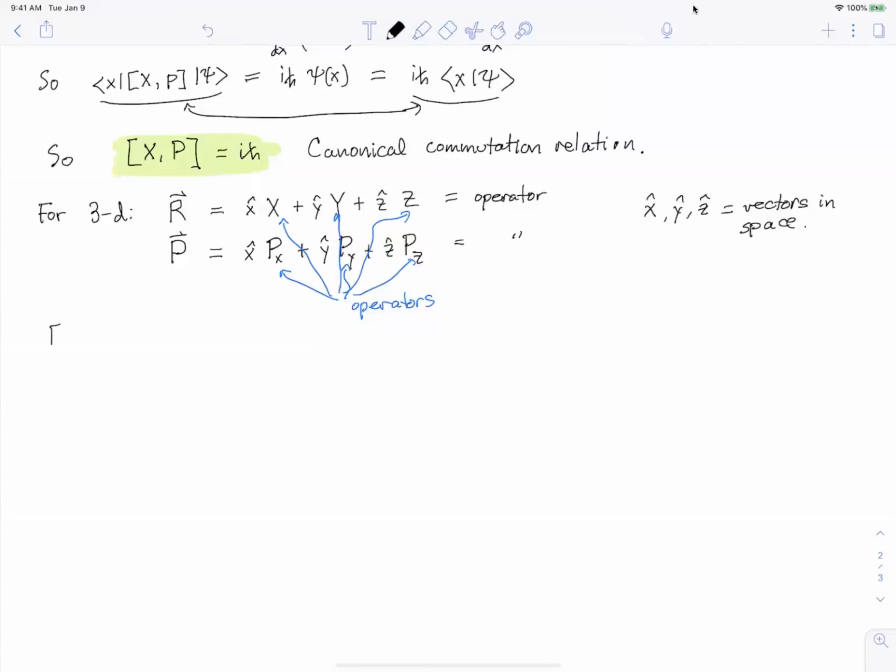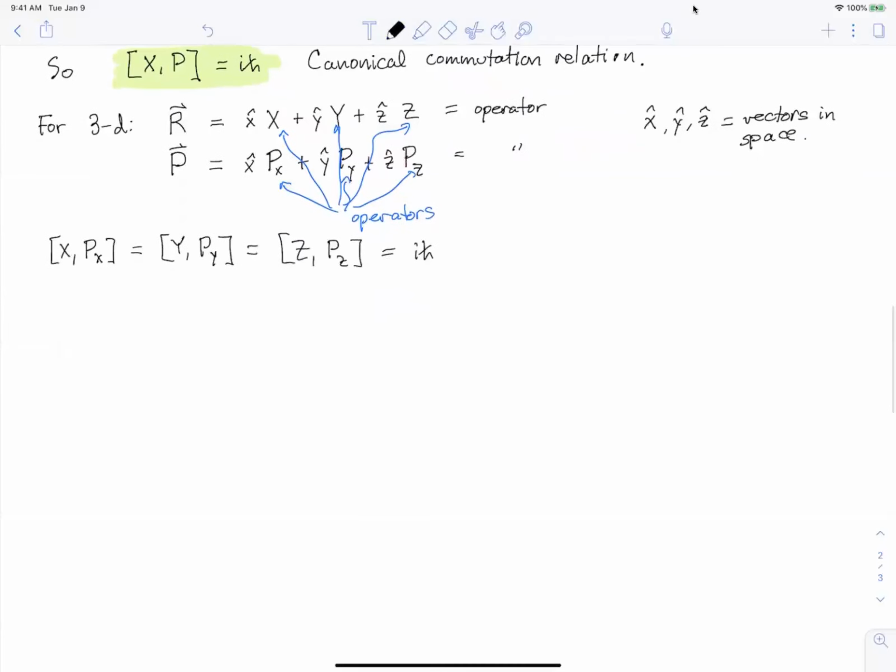So in particular, the commutator of X with p_x is the same as the commutator of Y with p_y, which is the same as the commutator of Z and p_z. Those are all each independently equal to i times h bar. And then every other commutator of all of these operators is 0.